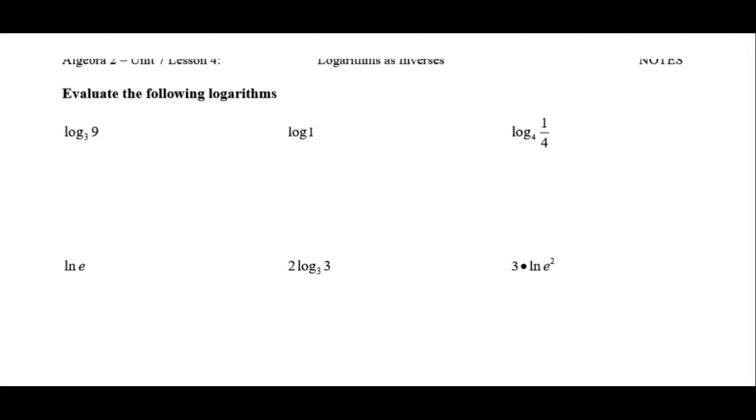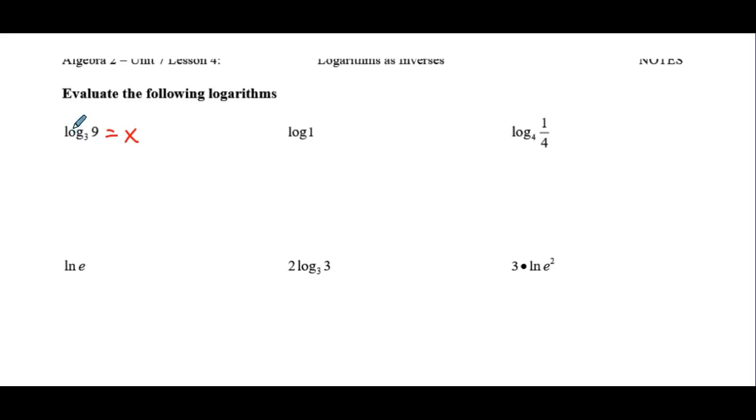All right. When we ask you to evaluate, there's no equal sign, right? I'm just asking you to figure out what it's equal to. So in this case, you are going to be allowed to say, okay, well, this is equal to some number x.